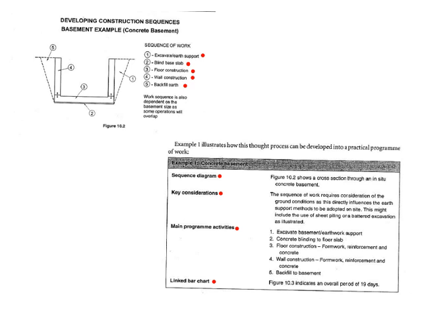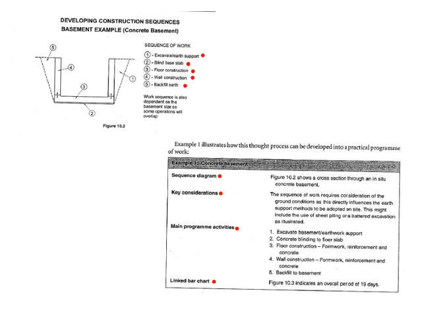Figure 10.2 shows the cross section through an in situ concrete basement. Your key considerations: the sequence of the work requires consideration of the ground conditions, as this directly influences the earth support methods adopted on site.